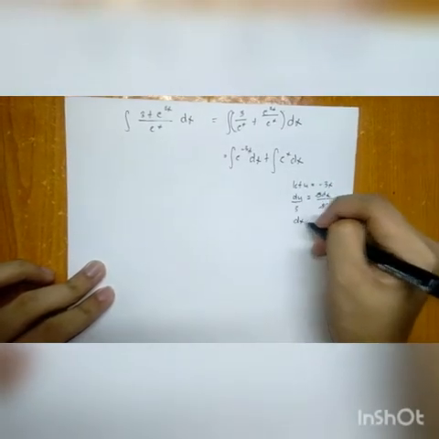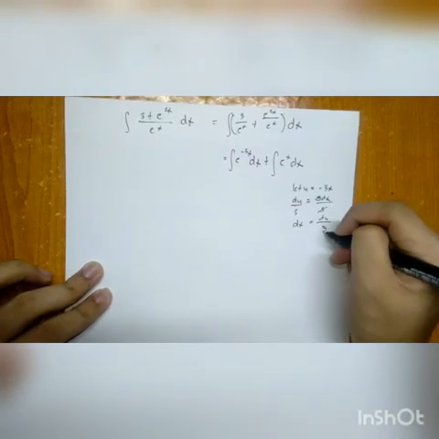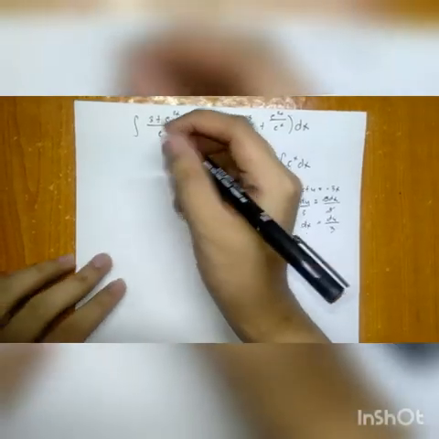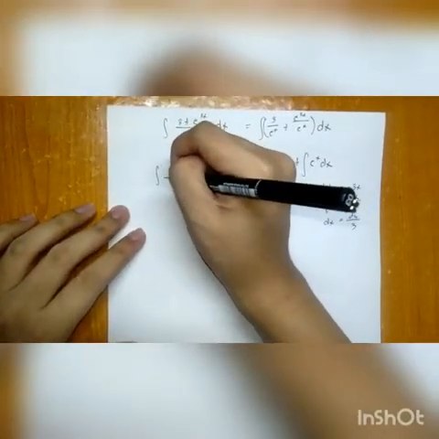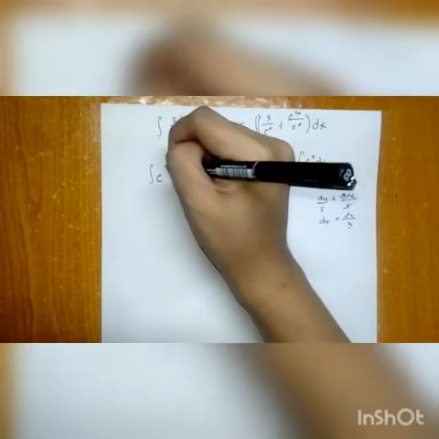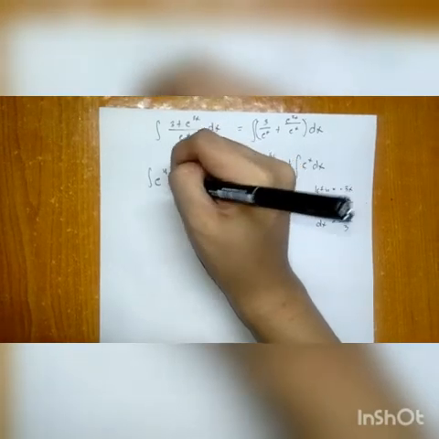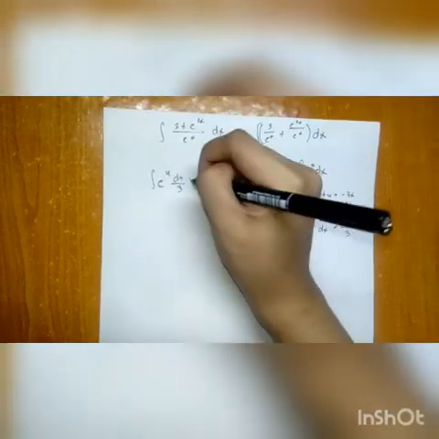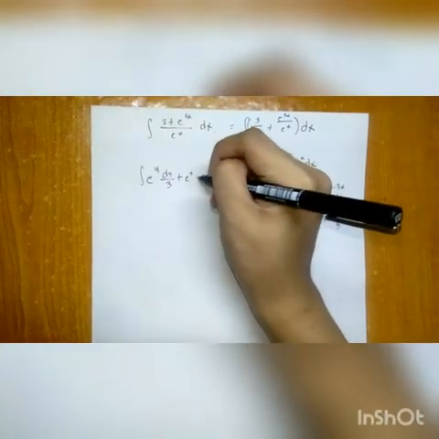Now, our dx is equal to du over negative 3. Now, we will be using the formula for the integral of e. Now, we will substitute the u, and the dx will become du over negative 3 plus e raised to x dx.